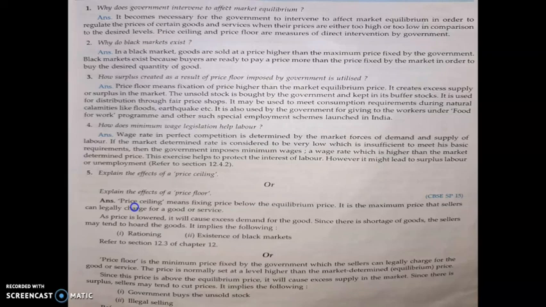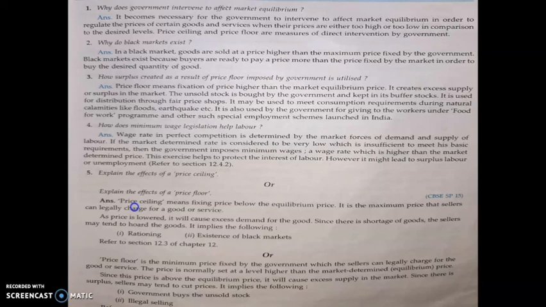Since there is surplus, sellers may tend to cut prices. It implies the following, that the government buys the unsold stock and there is a chance for illegal selling or black market. Okay. So these are the implications of price ceiling and price floor.